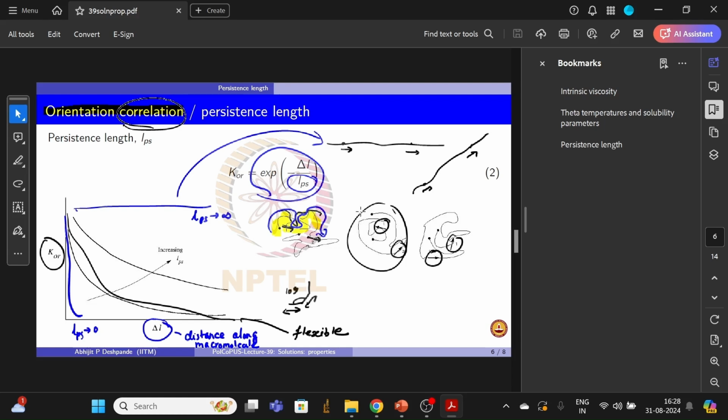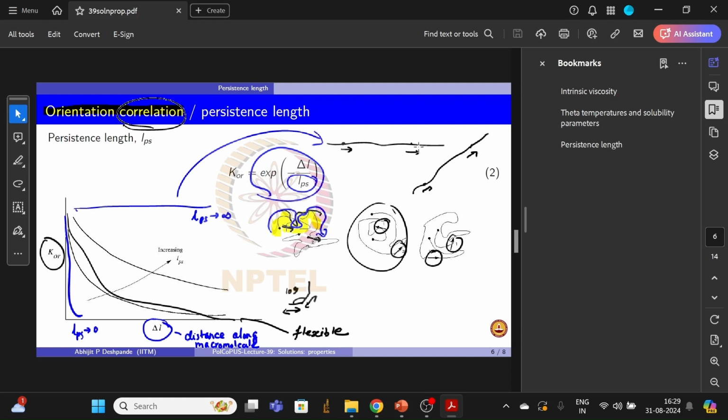That depends on the persistence length. When you are able to correlate that better, that means your persistence length is more, that means the polymer is more rigid. Because for example, if you just take these 2 points, if this point is here, obviously this point will be here, you can correlate, right? It will form a straight line, you can develop some correlation.